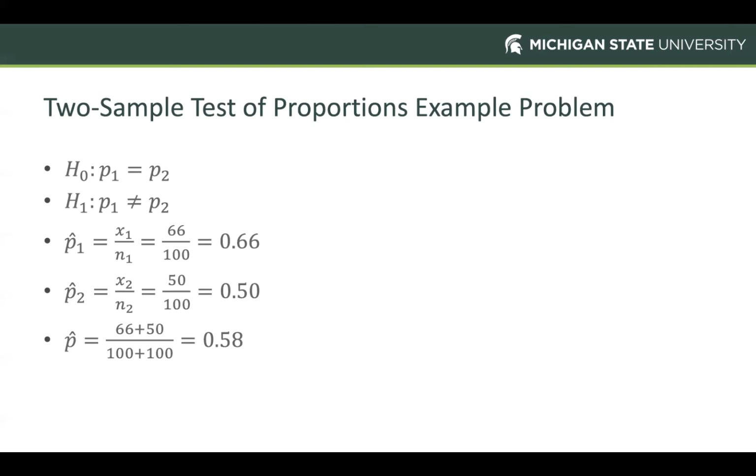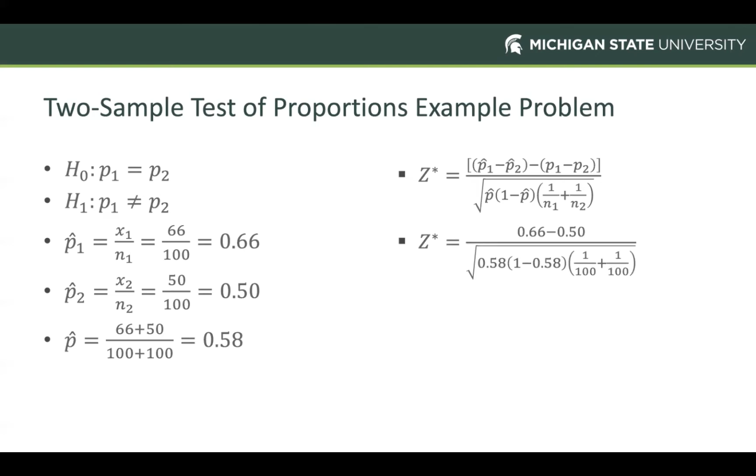And so consequently, we can plug those respective values into our standard normal test. And what we'll find then is that the numerator is 0.66 minus 0.5. The standard error of that estimate is the square root of 0.58 times 0.42, which is just 1 minus that same proportion, times 1 over 100 plus 1 over 100, which is 1 over each of those respective sample sizes.